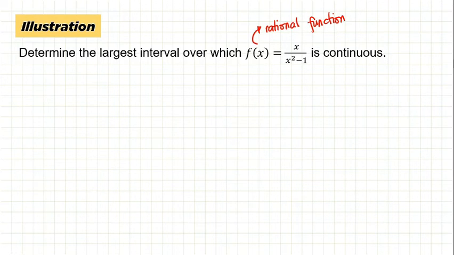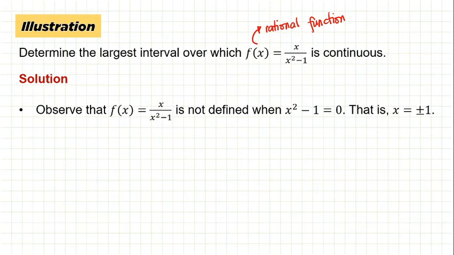Okay, so we have here the solution. Observe that f of x equal to x over x squared minus 1 is not defined when the denominator is equal to 0, and that is when x squared minus 1 is equal to 0. Okay? And take note that x squared minus 1 equal to 0 means that when we solve for x, we will have x squared equal to 1, right?